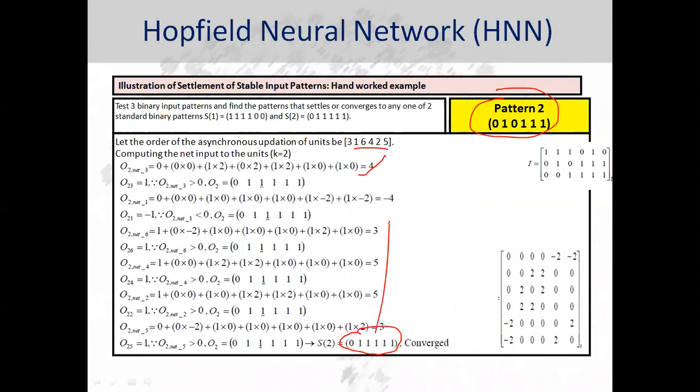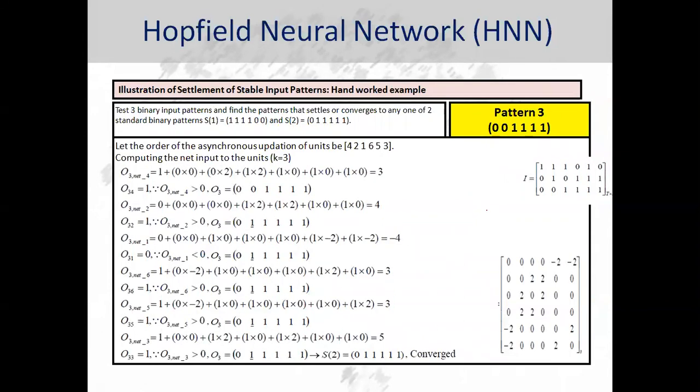This is similar to the stored one, this one. So there is a match. It means the input pattern is matched to a stored pattern, which is the desired one. Now repeat the same thing for the third pattern and so on.